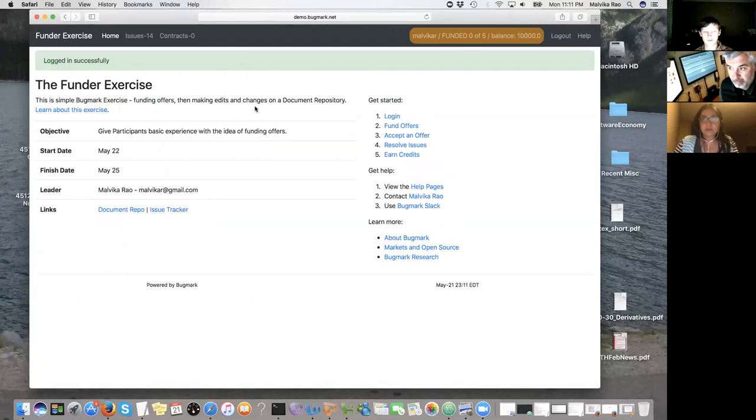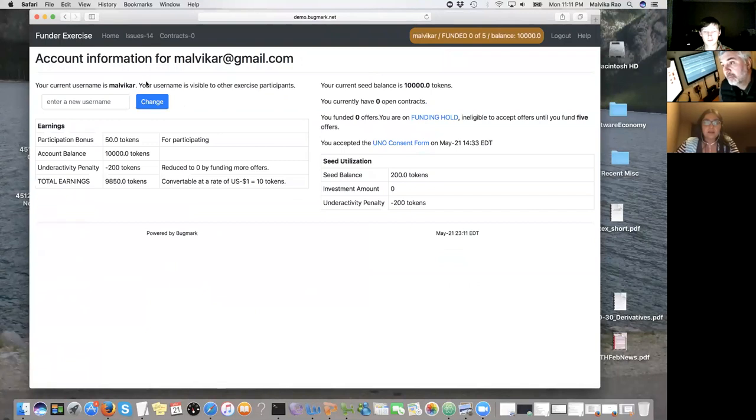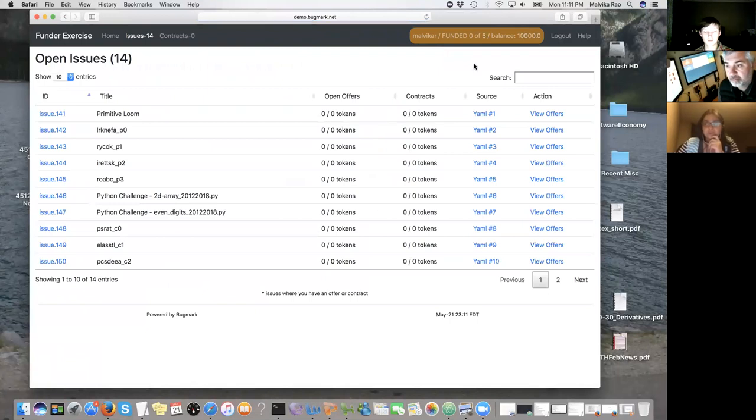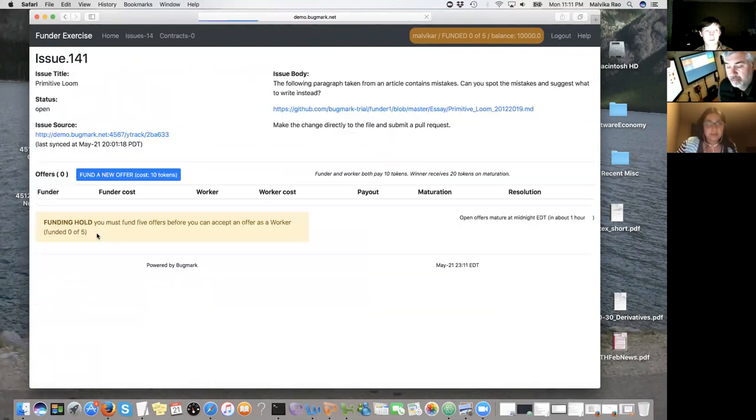So I've logged in and my account information page is telling me that I funded 0 of 5, and that therefore I need to fund 5 issues before I can work. So I'll fund 5. I'll pick 5 just randomly. Let me pick this one.